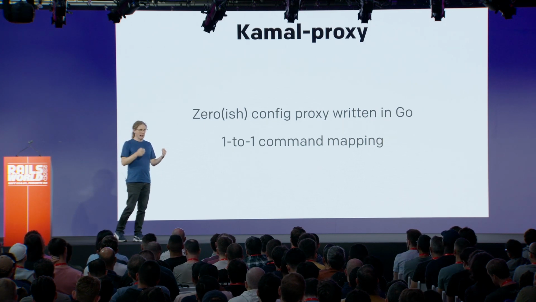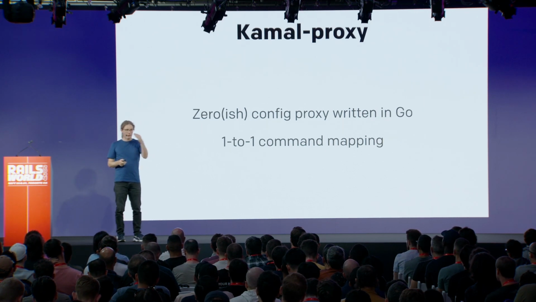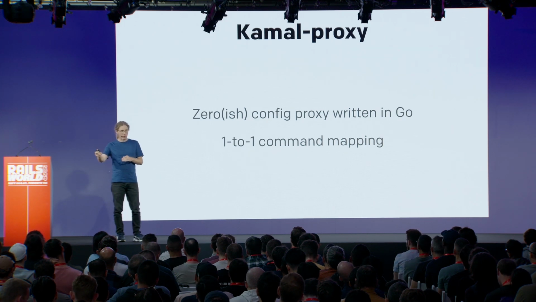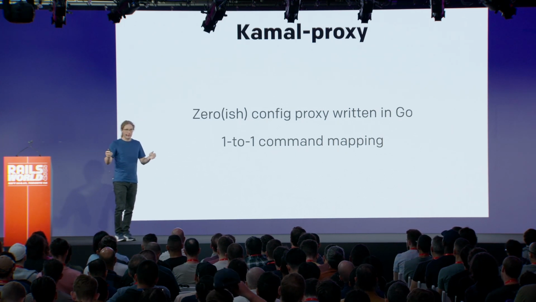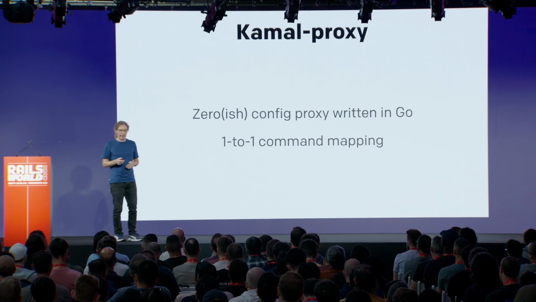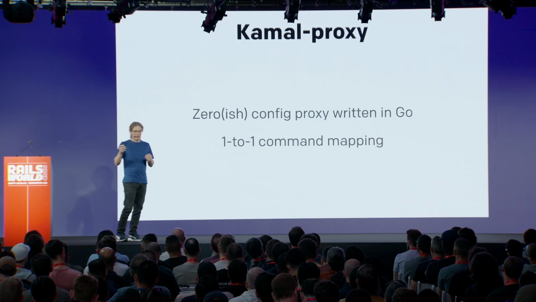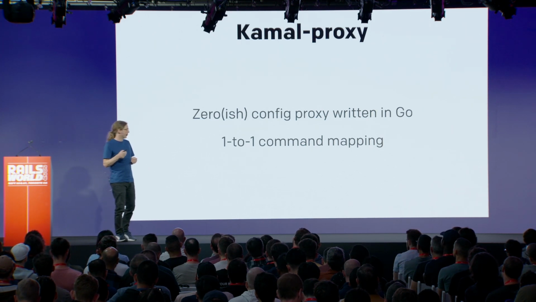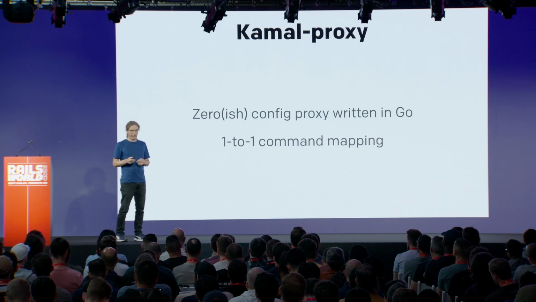When we want to deploy, you type kamal deploy, it goes to the proxy, says deploy, the proxy deploys, says I've done it, we say yes, we've done it, and everything is nicely streamlined and maps up. It's quick because you're not polling and waiting, and that's one of the reasons we built it. And as I said, Kevin's going to talk a lot more, and there are some really cool features that we're planning to introduce into Kamal that he's going to show later on.